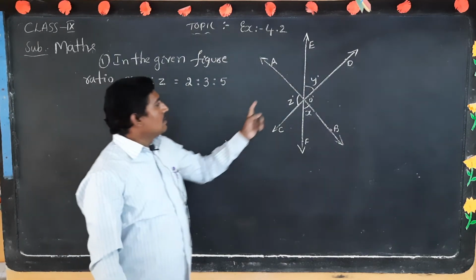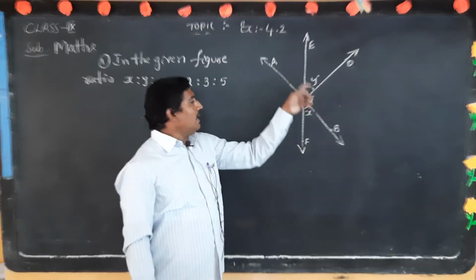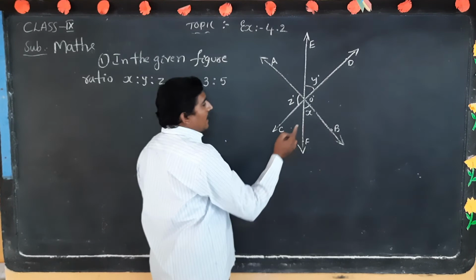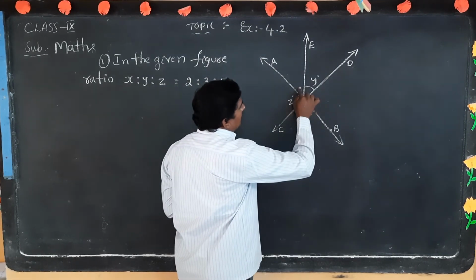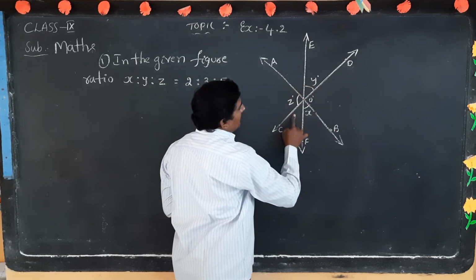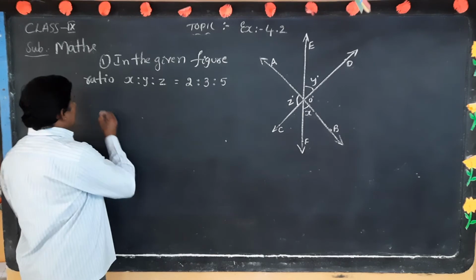And we know these all are complete angles. So vertically opposite angles are equal. Vertically opposite angle means here x, here also x only; here y, here also y only; here z, here also z only.